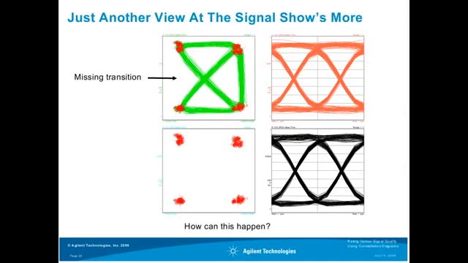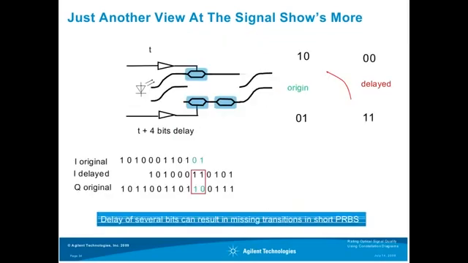What is very interesting here is that there's no direct transition between these points. All transitions go via different vector positions. Again, the eye diagram gives us no indication about the root cause of this behavior.